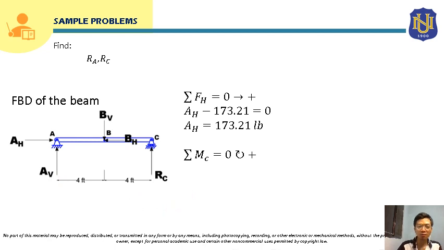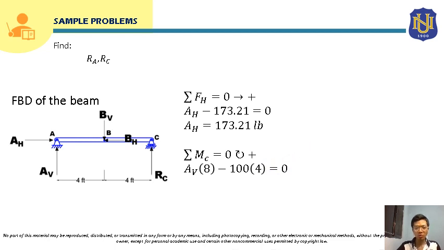AV's moment will be AV times the moment arm, which is 4 plus 4, that will be 8, and it will rotate clockwise about point C, so that will be positive here. And for BV, the value is 100, and its moment about point C will be BV times 4. Its rotation direction will be counterclockwise, so it will be negative here. It will be equal to 0.